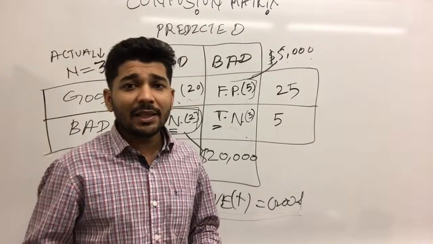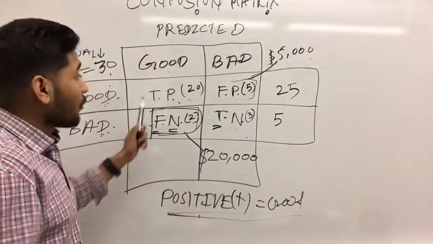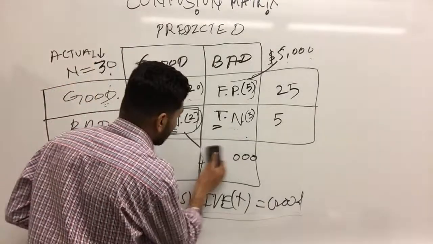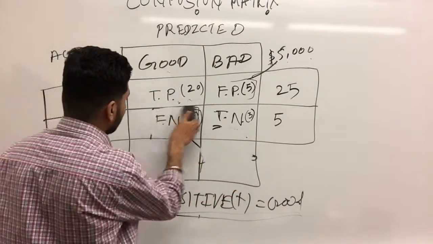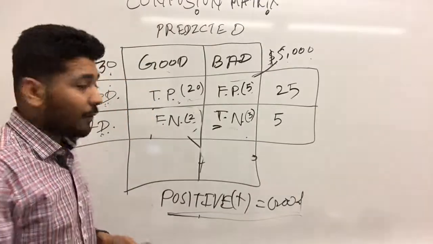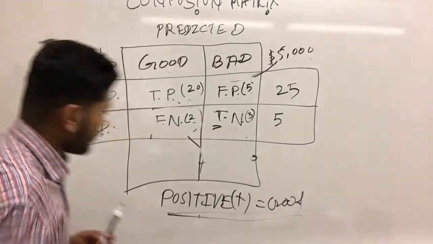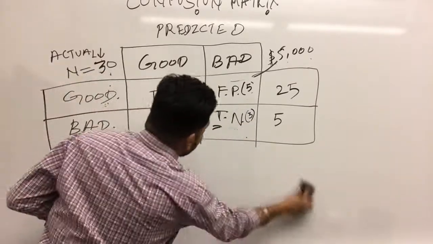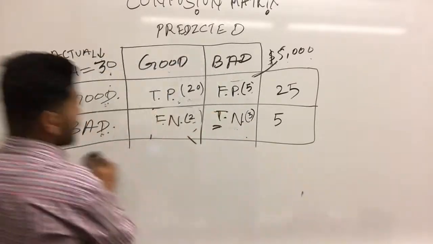Now we can easily make a cost matrix from this confusion matrix. So for example, let me do some cleaning here, and let me tell you how a cost matrix looks. Let me just get rid of this positive class. So here is our confusion matrix.